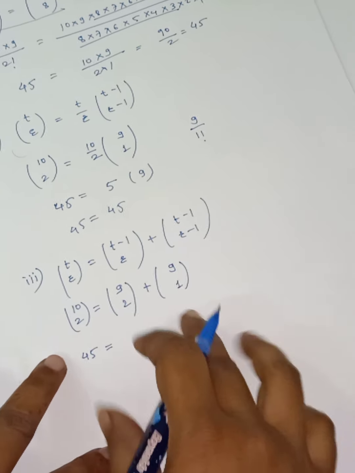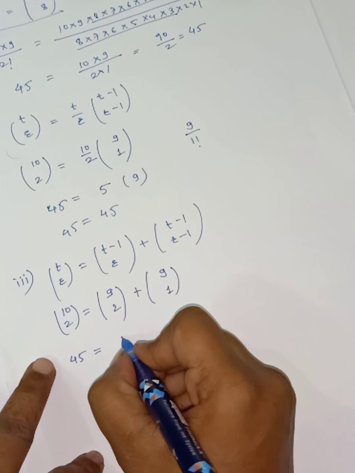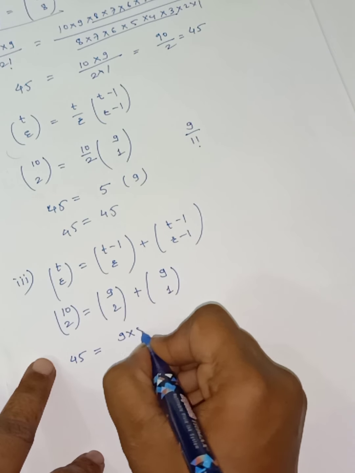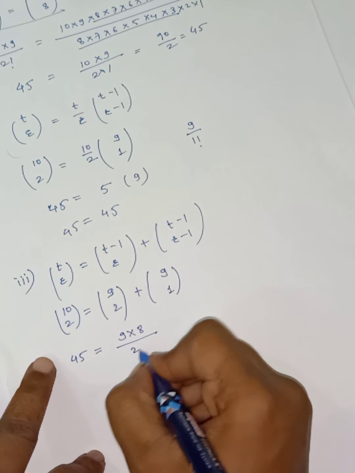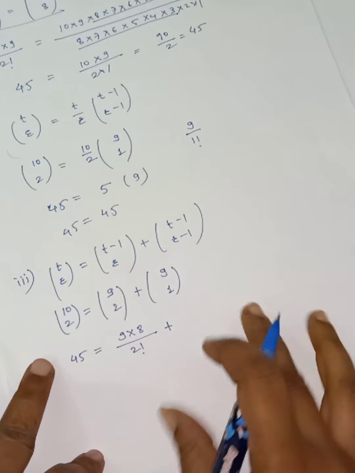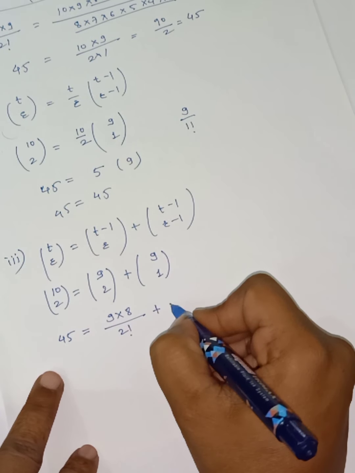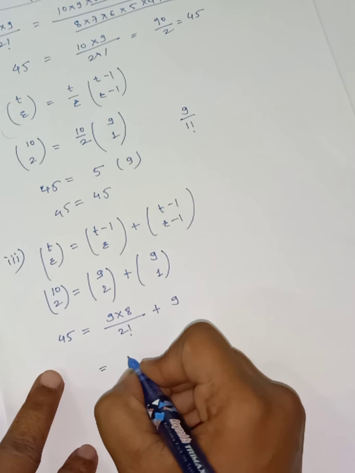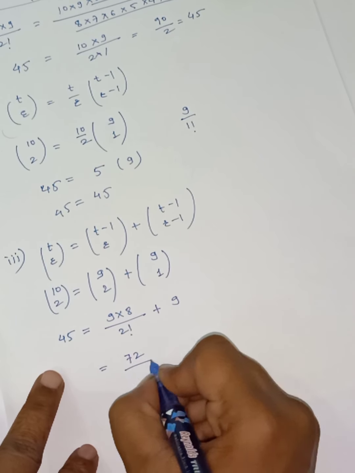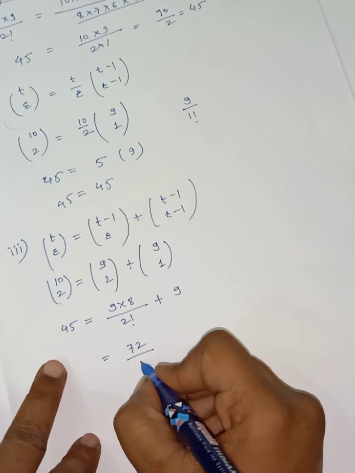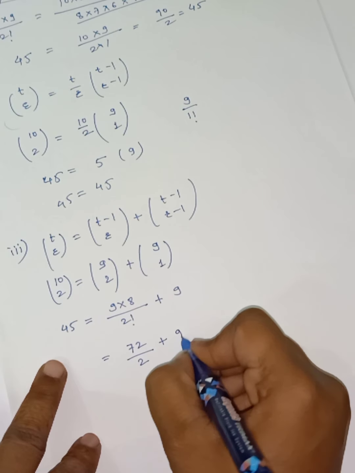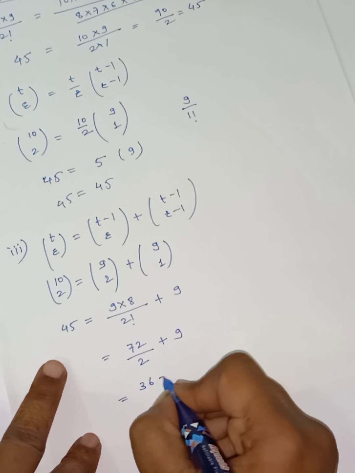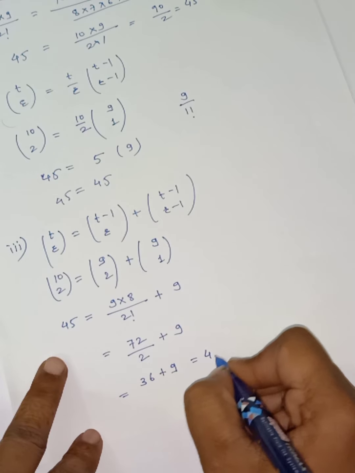Okay, then 9C2 will be 9 into 8 over 2 factorial, plus 9C1. What is 9C1? That is 9. Okay, so here 72 by 2 plus 9. So 36 plus 9, that will be 45.